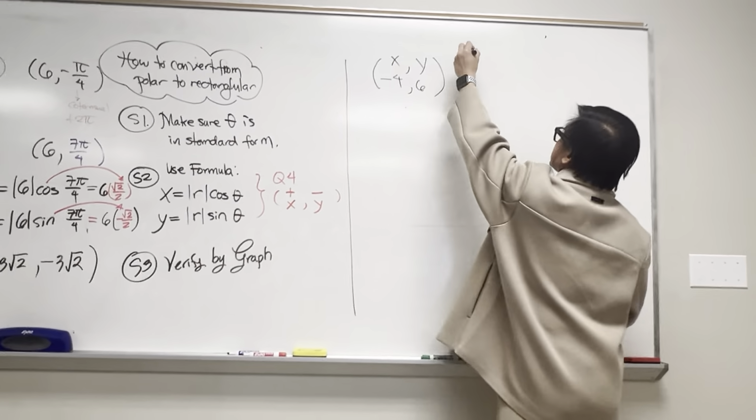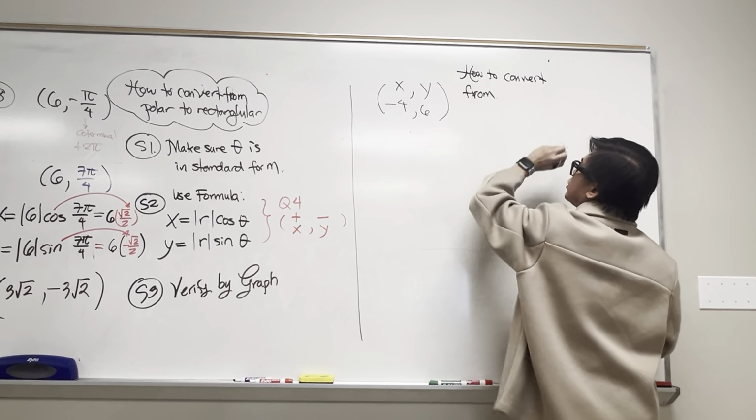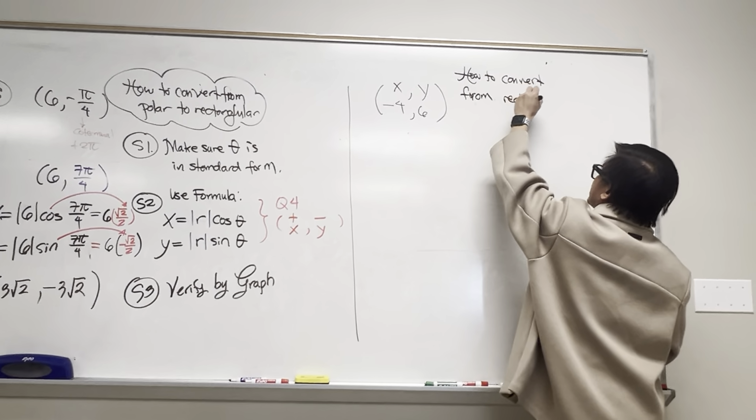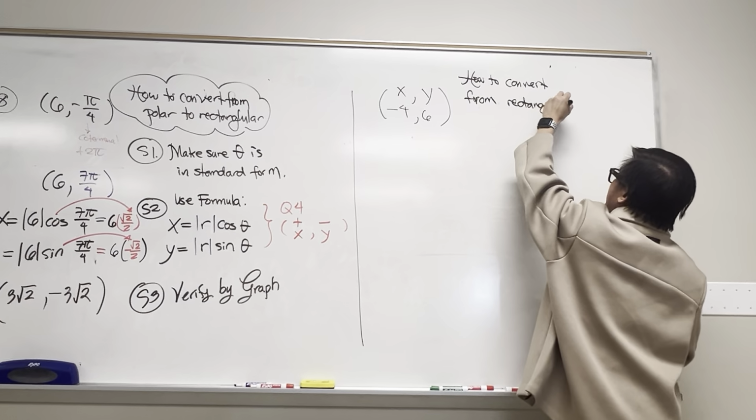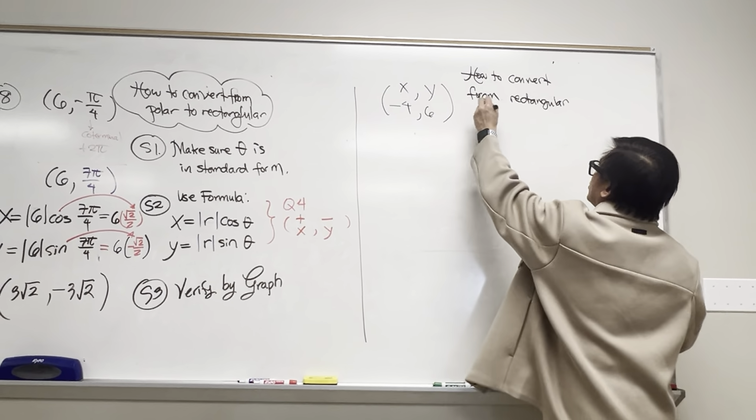And this now is the following, right? How to convert this from rectangular, in some cases also called the Cartesian coordinate, to polar.